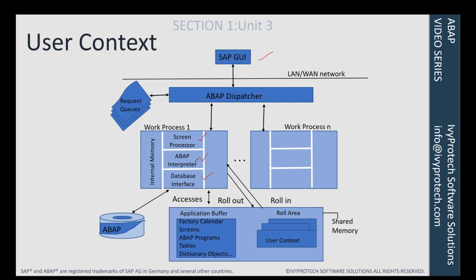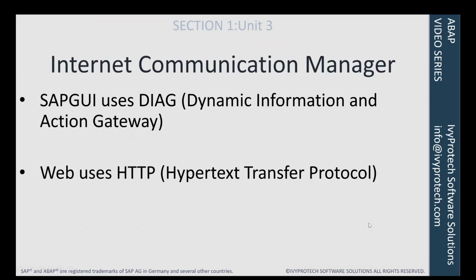While the ABAP interpreter is processing your ABAP statements, if it comes across any statement that requires interaction with the database, it will hand over the task to the database interface, which will hit the database and get you the data or perform whatever actions you want. After that, the control is given back to the ABAP interpreter, so it continues interpreting other statements in your program. So this is how it works.